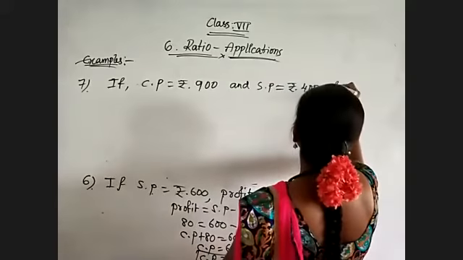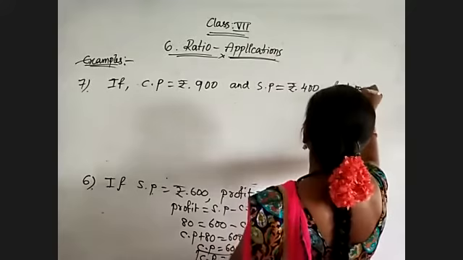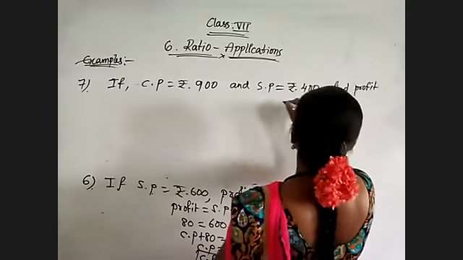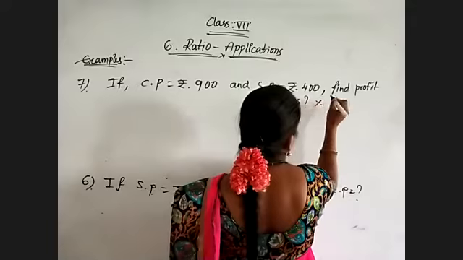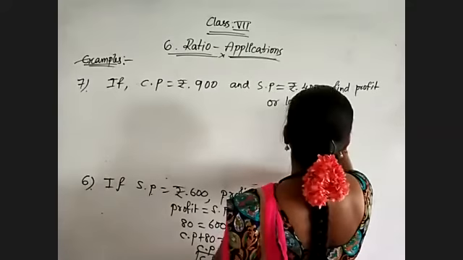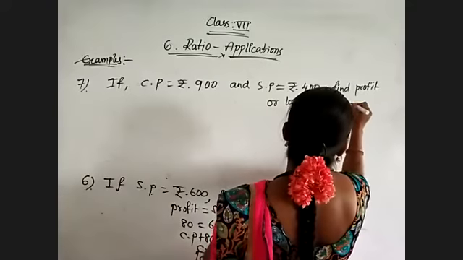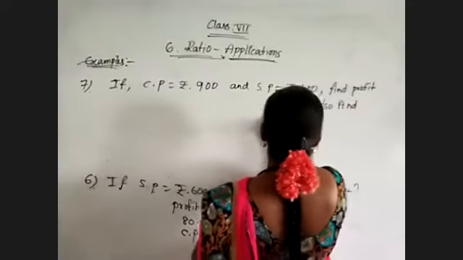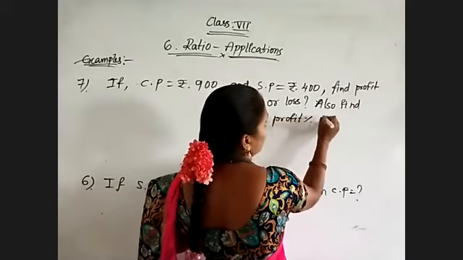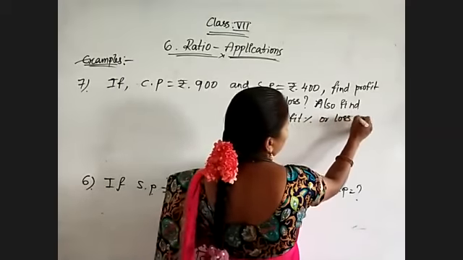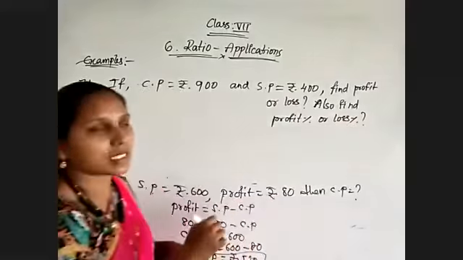Then find whether profit or loss. Find profit or loss and also their percentage. Also find percentage: percentage of loss, otherwise profit percent or loss percent. So I am asking two questions here.